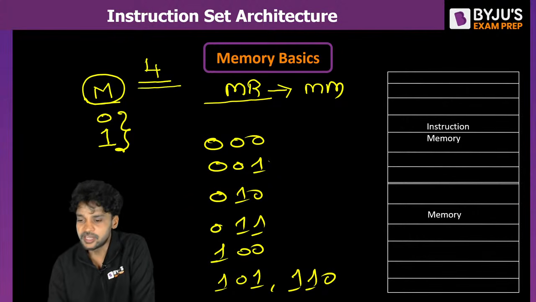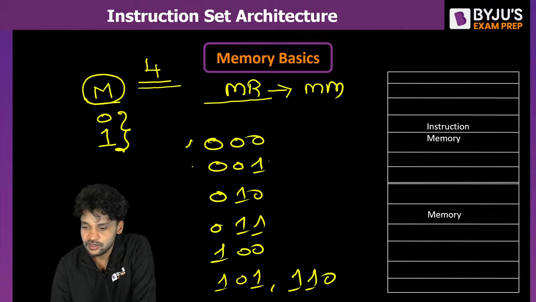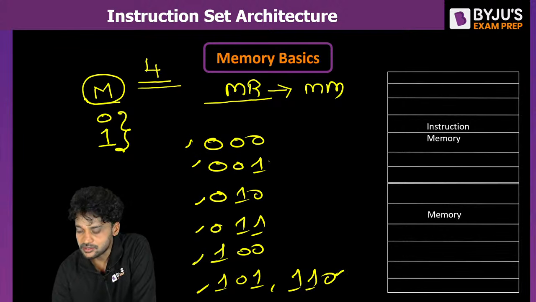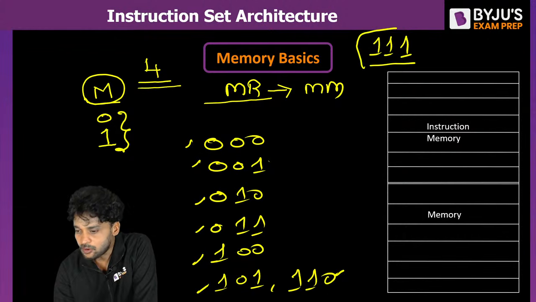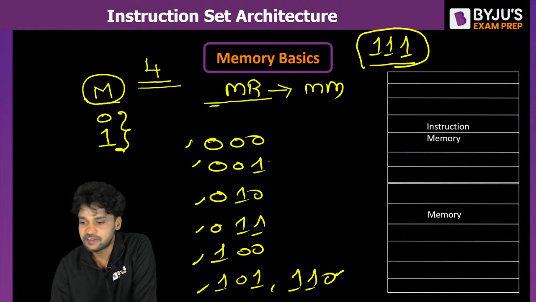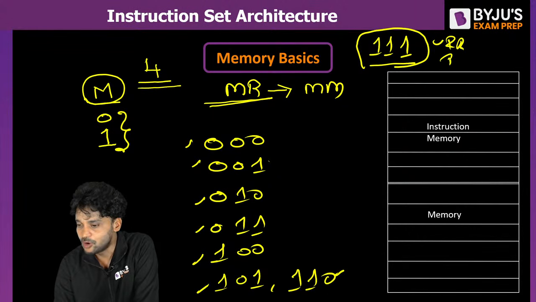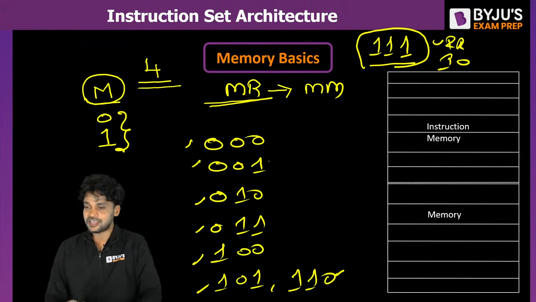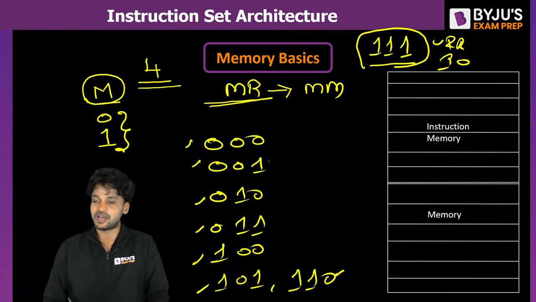The total number of memory reference instructions is 7. Here, I am not using the opcode 111. That means that if the opcode is 111, it is not a memory reference instruction. It is either a register reference or an IO instruction. So, we are not including 111 here.